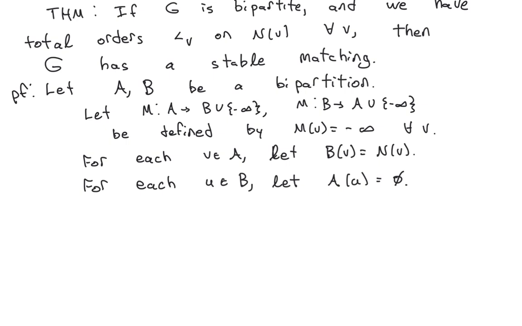So here's our theorem. Suppose you've got a bipartite graph, and you have total orders on the neighborhood of each vertex. Then G actually has a stable matching. Here I'm going to use the terminology of jobs and candidates. A bunch of people applied to a bunch of jobs. A stable matching corresponds to people getting hired, and has the property that for any job application between a candidate and a specific job V, either you got a job or V hired someone.